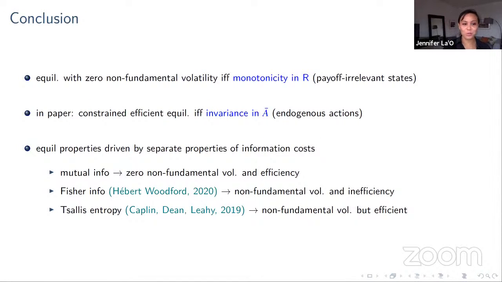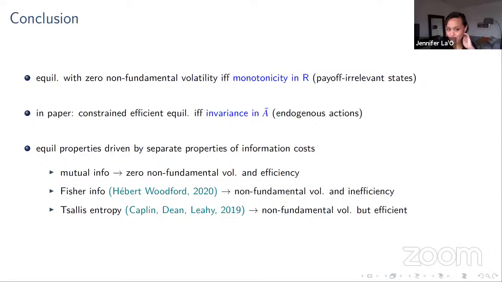So just to conclude, we show that equilibrium with zero non-fundamental volatility exists if and only if there's monotonicity in R. Okay, so payoff irrelevant states.